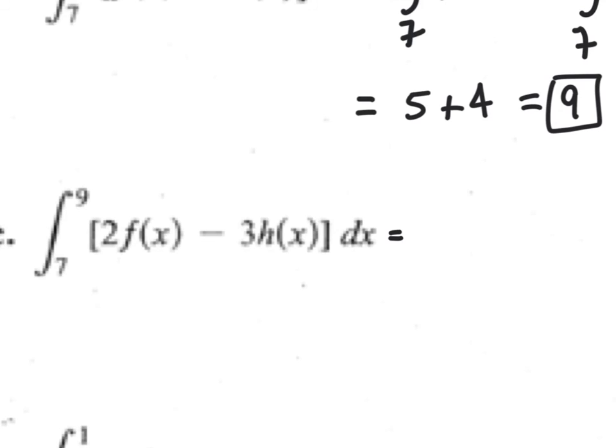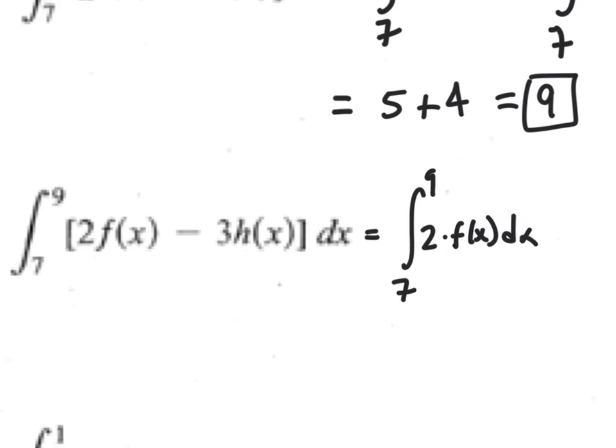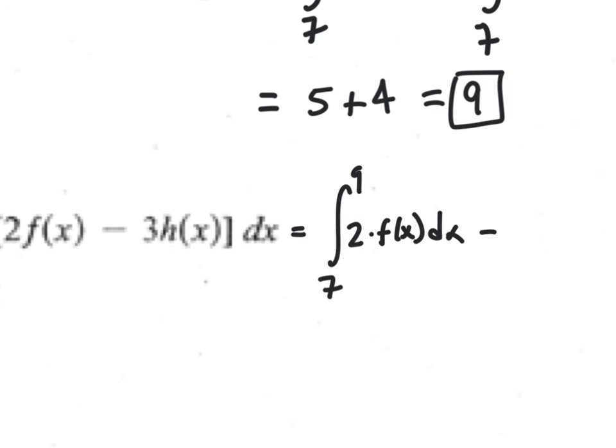I'm going to split it up. And I'm going to say my integral from 7 to 9 of 2 times f of x dx minus the integral from 7 to 9 of 3 times h of x dx.